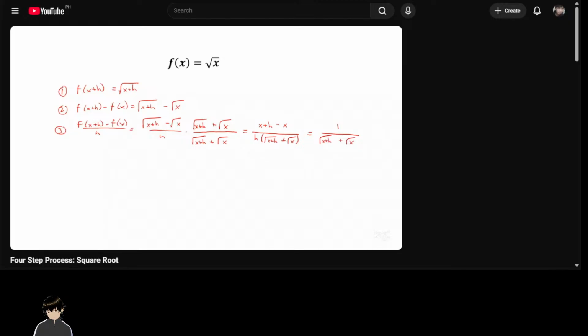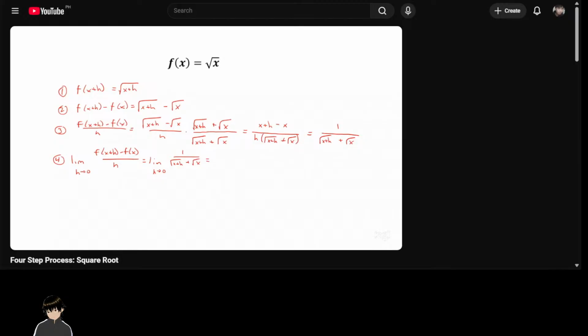Finally, we take the limit as h goes to 0. The limit of the difference quotient is the limit as h goes to 0 of 1 over the square root of x plus h plus the square root of x.